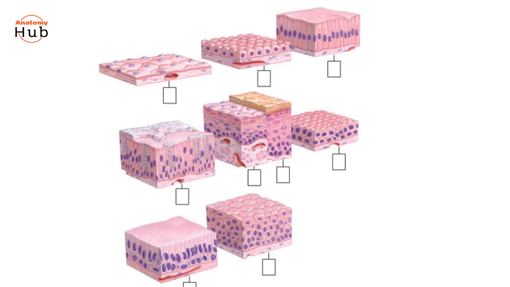Epithelial cell nuclei vary in shape and may be elliptical, or you can say oval, spherical, or flattened, with nuclear shape corresponding roughly to cell shape.